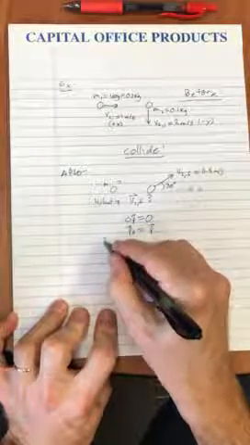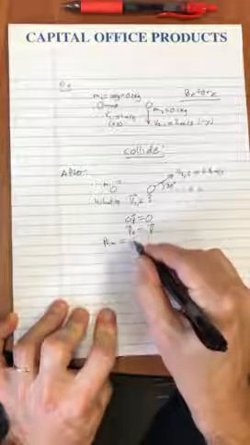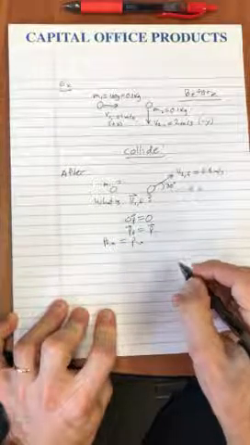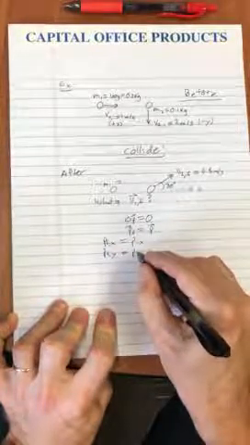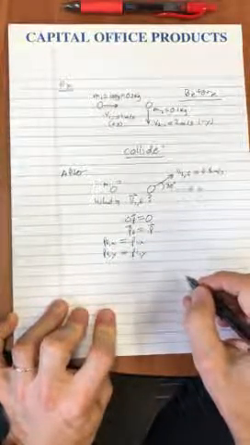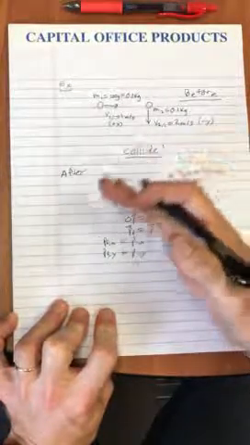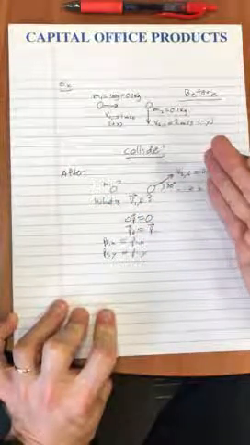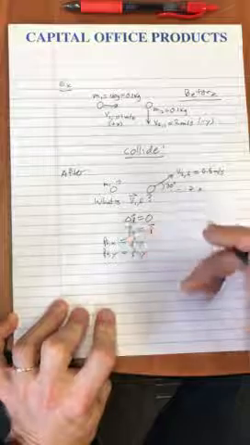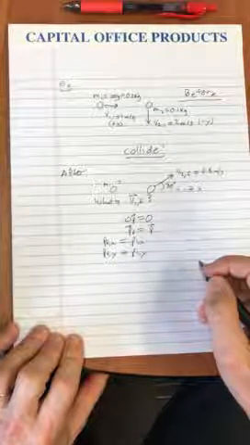So that means P final x is equal to P initial x, and P final y is equal to P initial y. I can't change momentum from going in the x direction to going into the y direction without some external force. It's not the same momentum if the number is the same, but the direction is different.